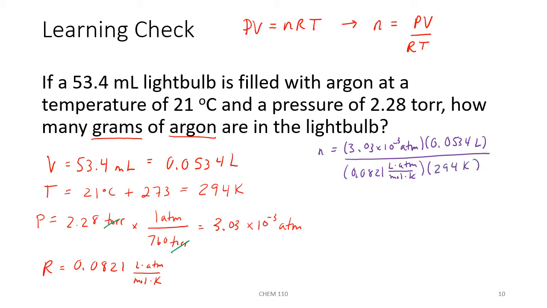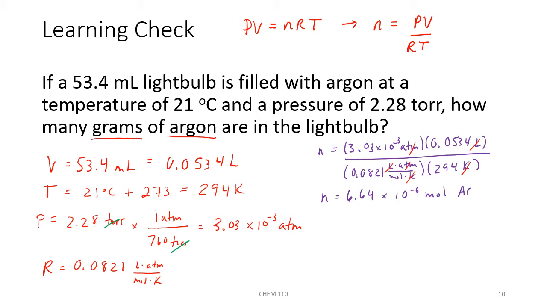Before we do any calculations, make sure that our units cancel and we're left with the correct units. Our atmospheres will cancel, our liters will cancel, Kelvin will cancel, and in the denominator we're left with 1 over moles, which is really just moles. So for n, we should get 6.64 times 10 to the negative 6th moles, and this is of the gas argon.